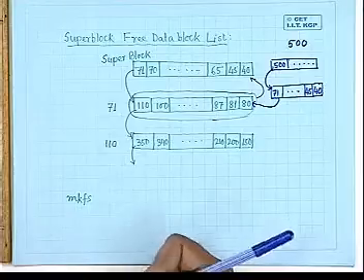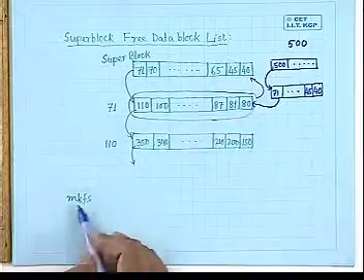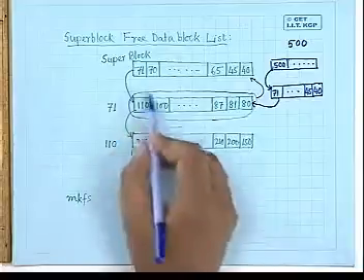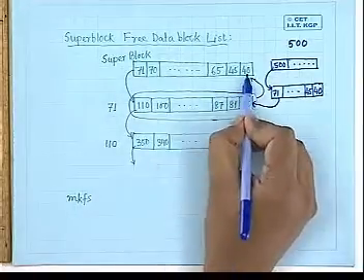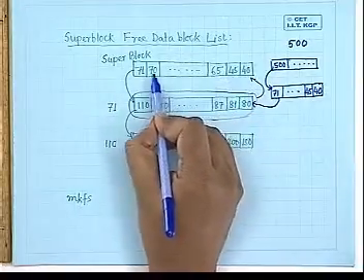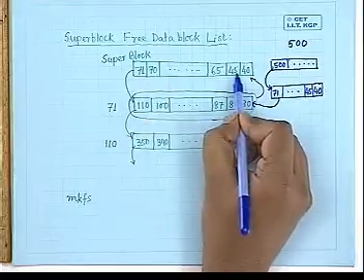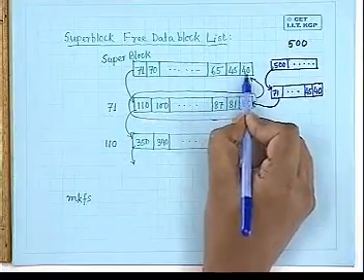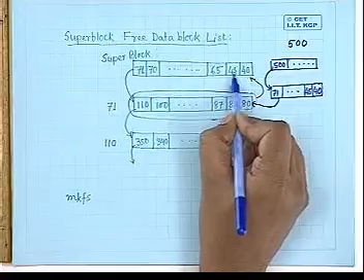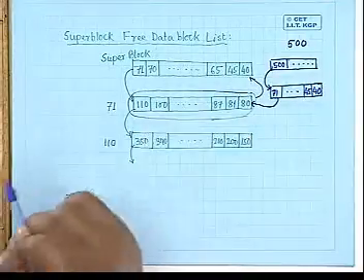Now initially, when the make file system function organizes all the free blocks, normally the free blocks are kept in sequence. If 41 was free, then after 40 there would be an entry for 41, then 42, 43, 44, and so on.